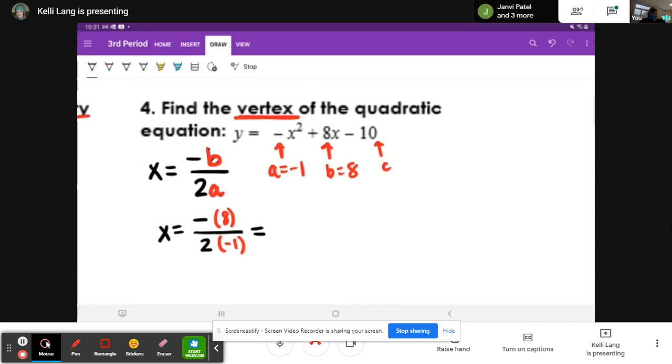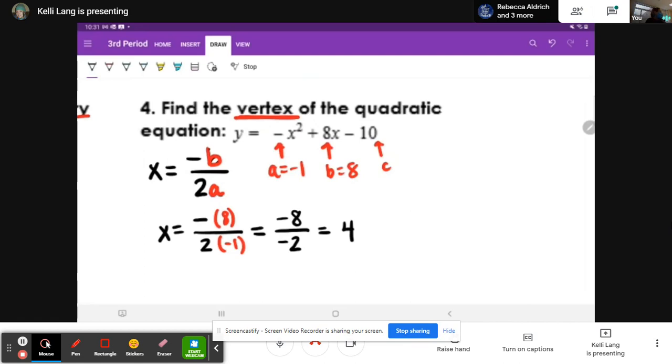So we've got a negative 8 up top, and we'll have a negative 2 at the bottom once we multiply those together. Now our fraction looks quite a bit simpler, and we can easily plug this into a calculator, or you can do it in your head. Negative 8 divided by negative 2, that will give us positive 4.